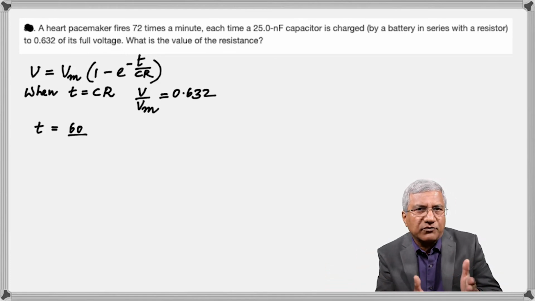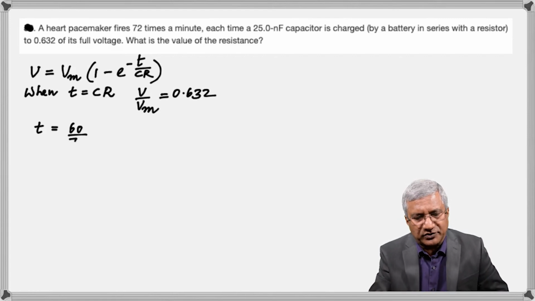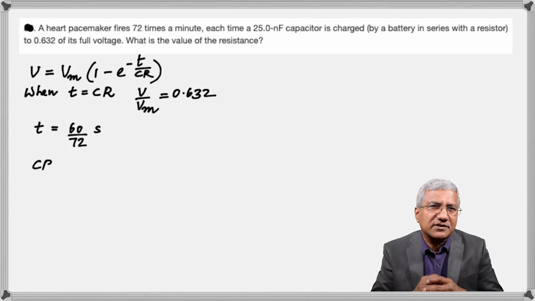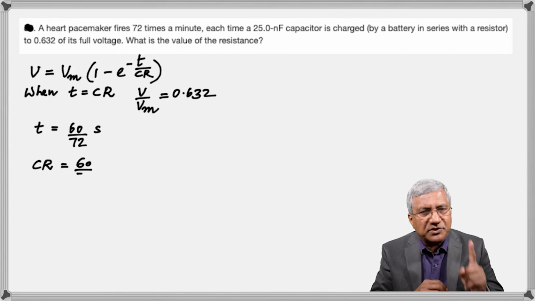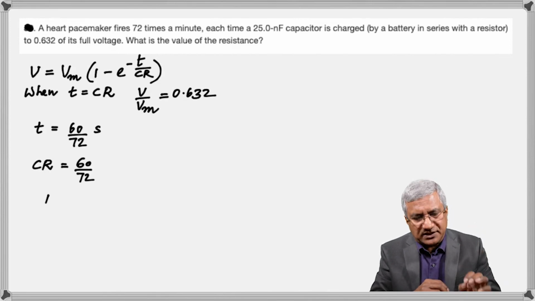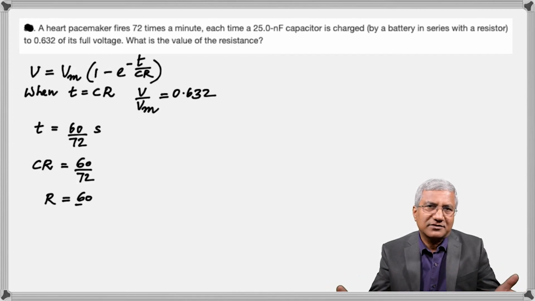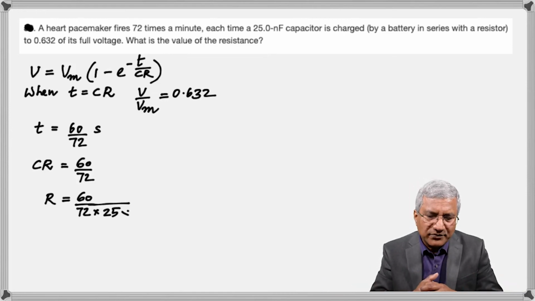So from the problem, we know what's given as the time constant. That's the quicker way of doing it. Since it's firing 72 times in 60 seconds, the time taken for one firing is 60 by 72, which must be equal to C times R. There goes the problem.